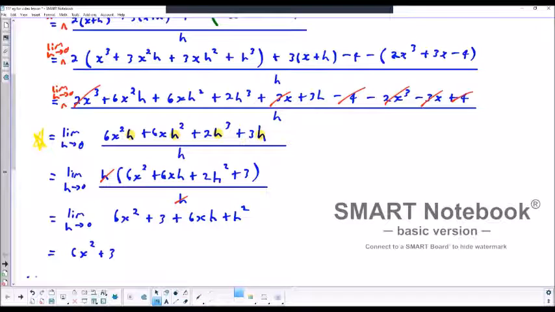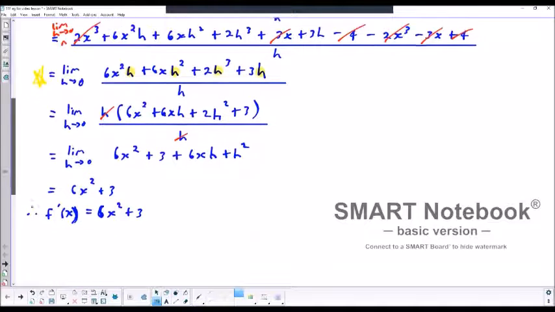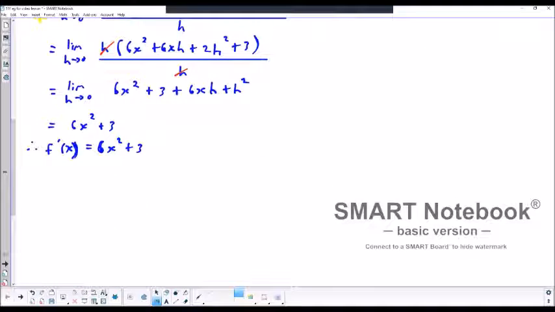So this then is the gradient function of the original function that we were given. Now, if we wanted to find the gradient of that original function at any point along the way, we can substitute in 0, for example, and we get 3.